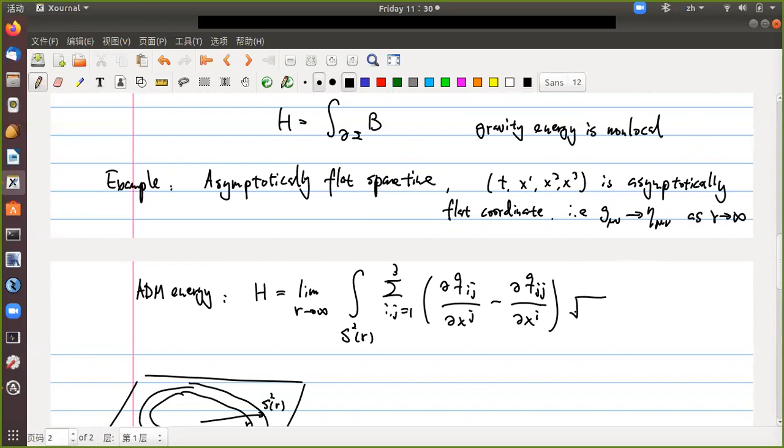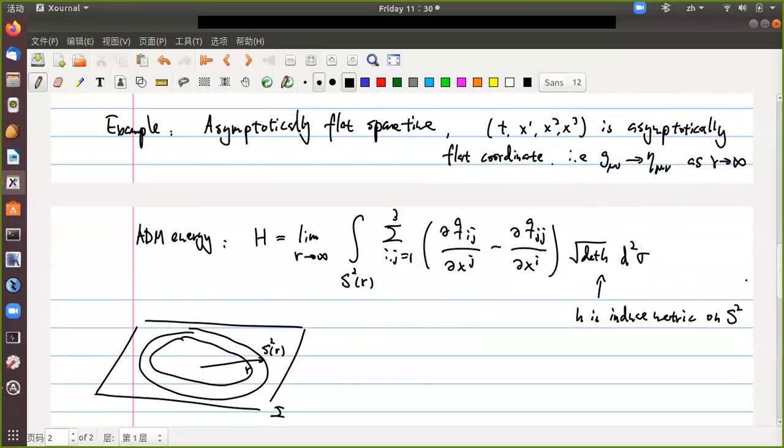And also there is the determinant of h. This is the induced metric on the sphere, and sigma is the coordinate on the sphere. So h is the induced metric on this S2.